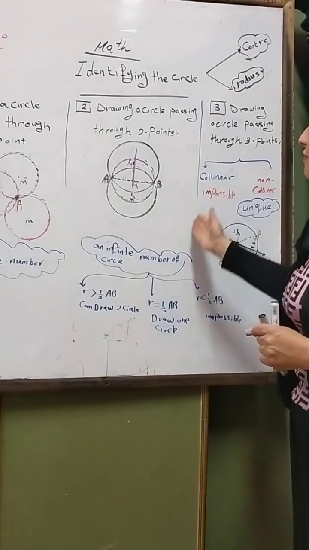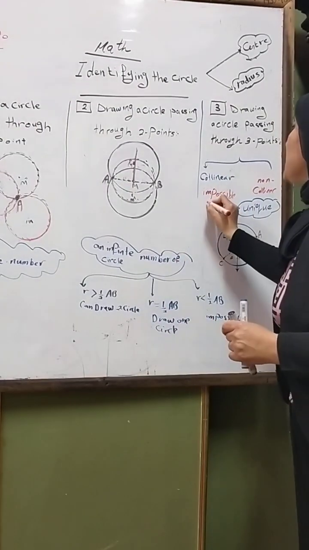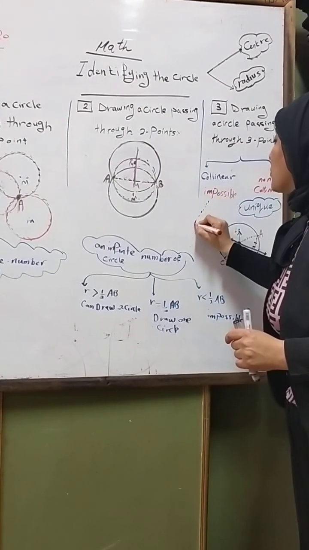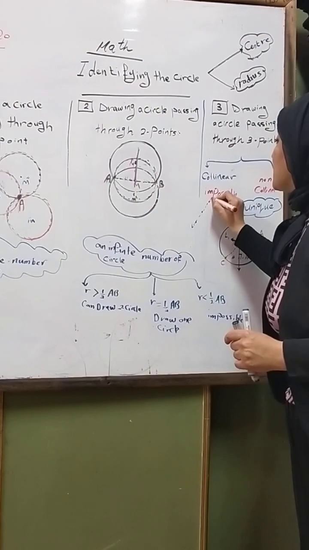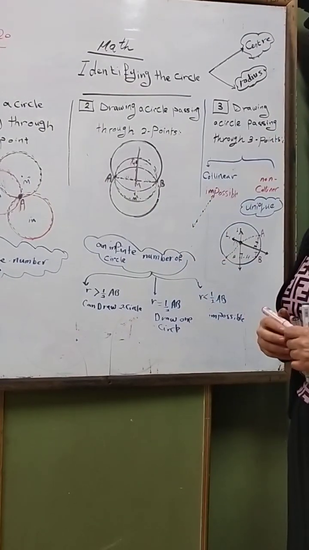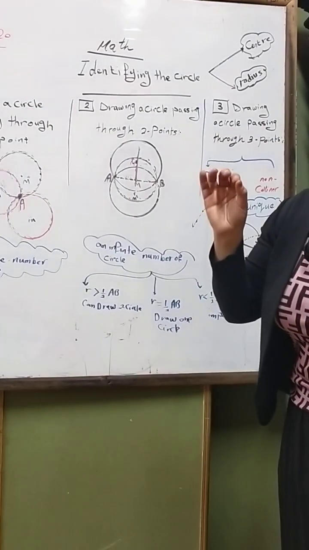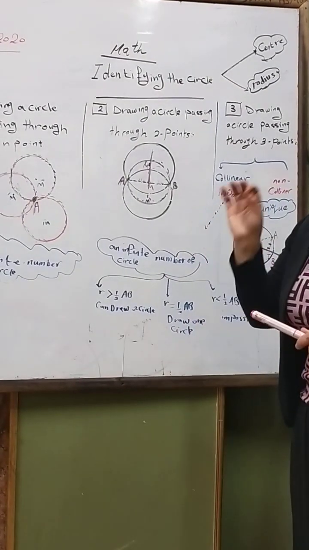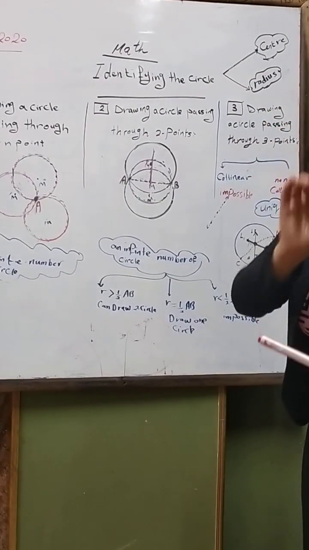What is the meaning of collinear? Collinear means these 3 points are on the same straight line. It means it is impossible to draw any circle passing through these 3 points.